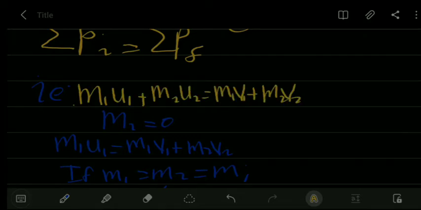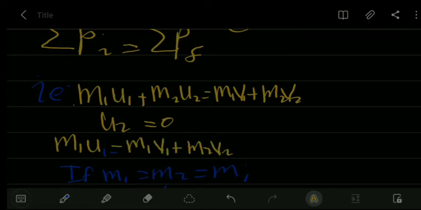We know that the second ball is at rest. Actually, this was meant to be u2. So we know that u2 is 0. If u2 is 0, then the initial momentum of the second ball is 0, and we remain with this.